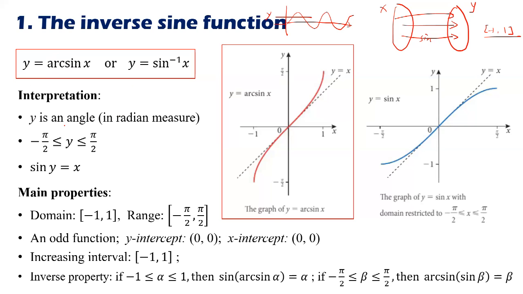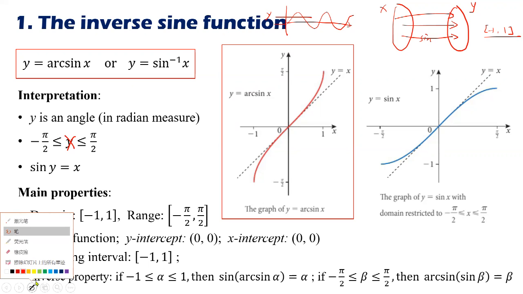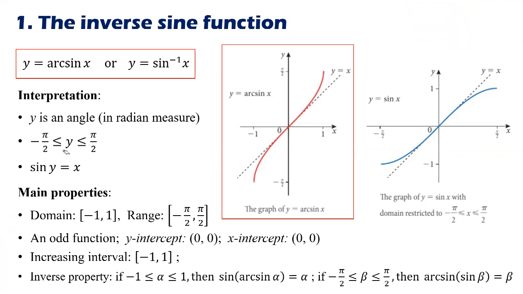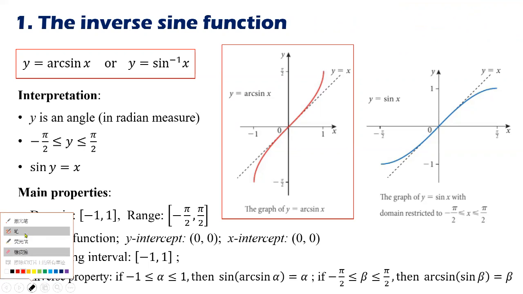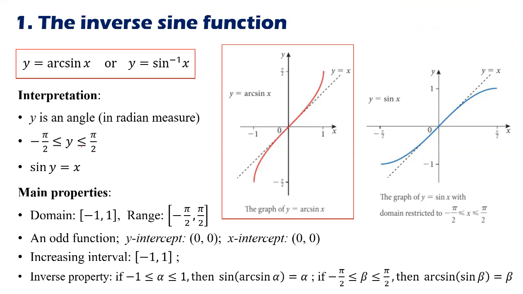Second, the restriction for y is negative half pi to positive half pi, right? And because y is an angle here, if you write y equals arc sine x, that means the sine value of y equals x. So this is the interpretation of the inverse sine function.